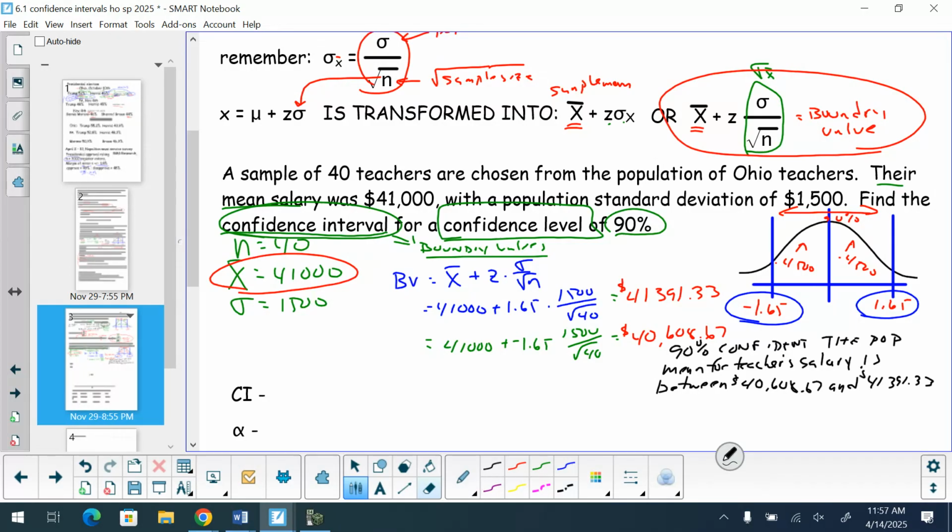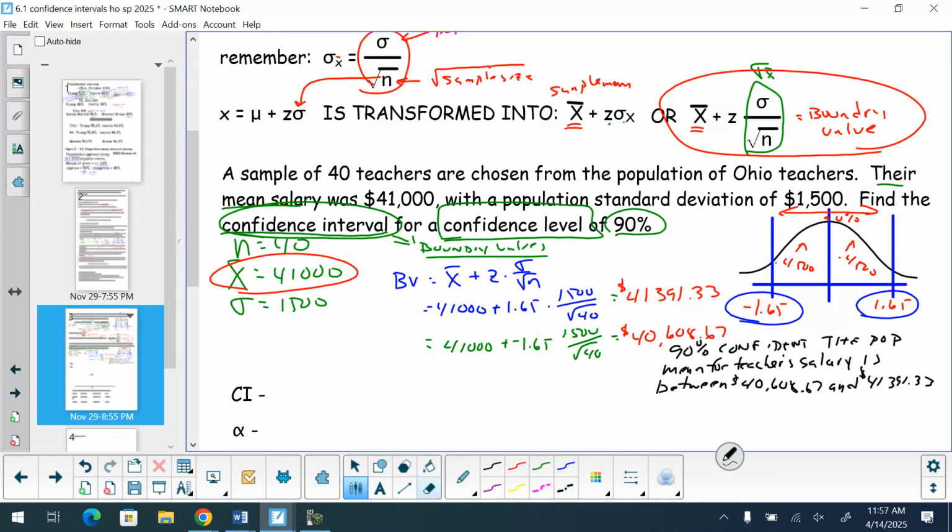So if I was looking for the population mean, we are going to be 90% confident that the population mean is going to be in between those two values. And that's what we're, once again, trying to guesstimate.